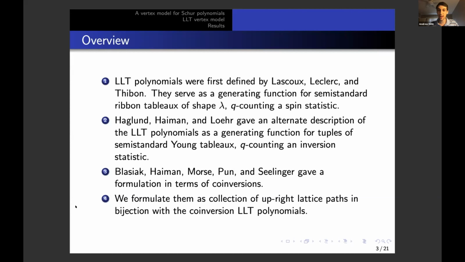To be more precise, I'm not going to be using that formulation exactly, but rather a tweak where instead of counting inversions, I count co-inversions. So these co-inversion LLT polynomials, we're going to interpret them in terms of upright lattice paths that are in bijection with that formulation.